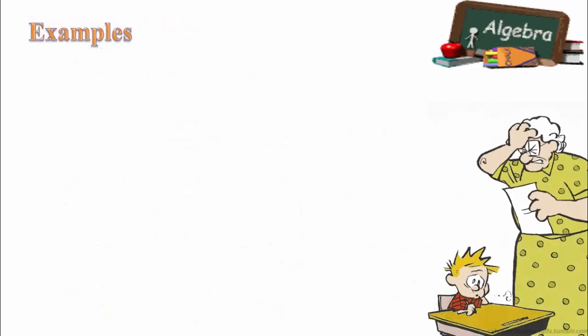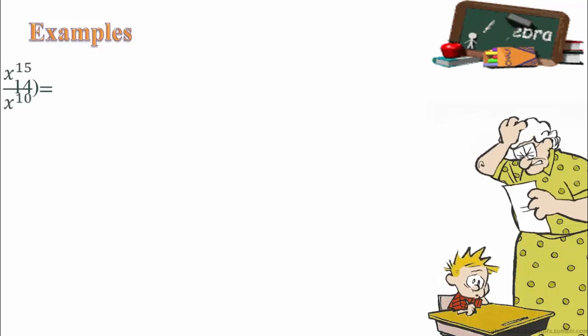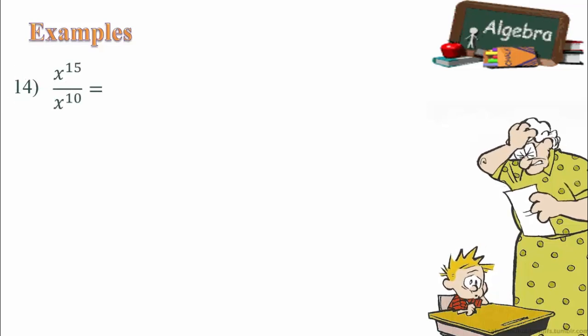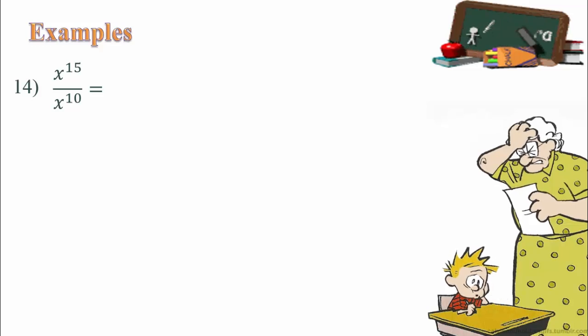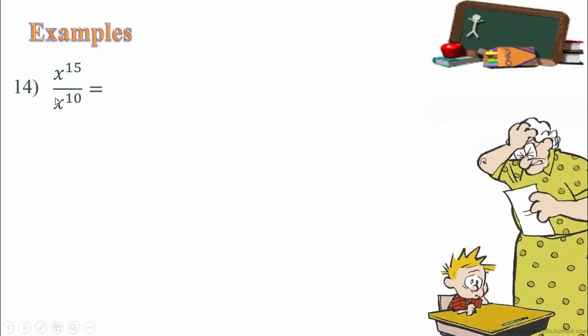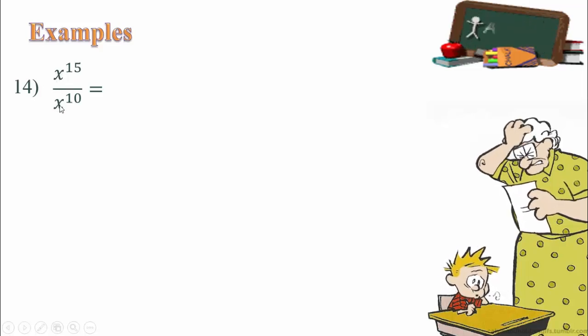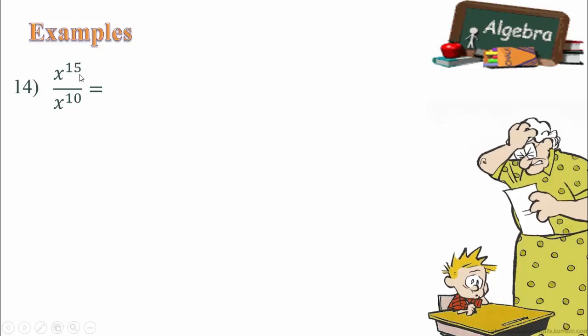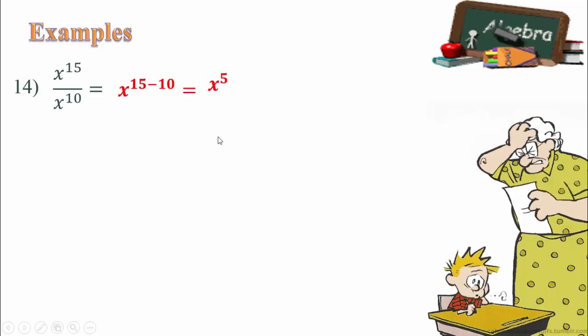So let's look at some examples. In example number 14, we have x to the 15th over x to the 10th. Our bases are the same, which is x, so we can subtract 15 minus 10, and that gives us x to the 5th.